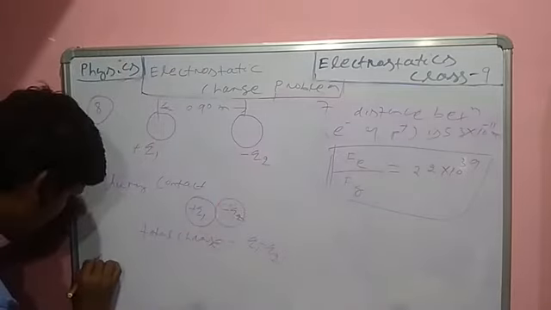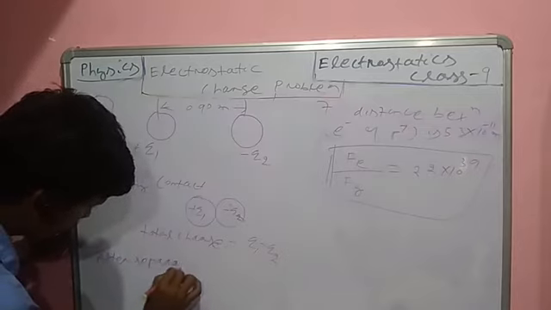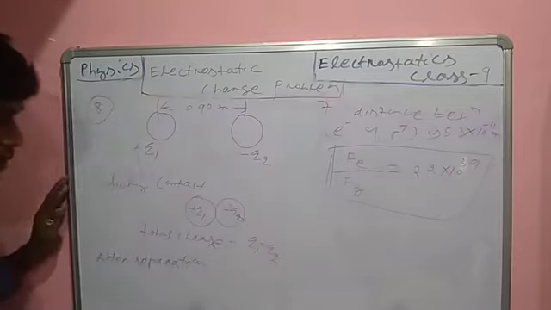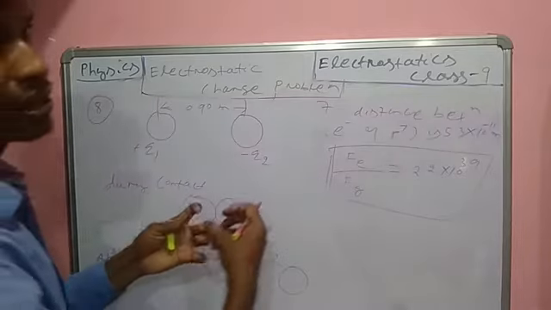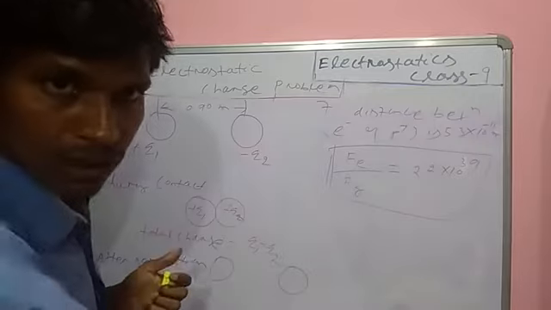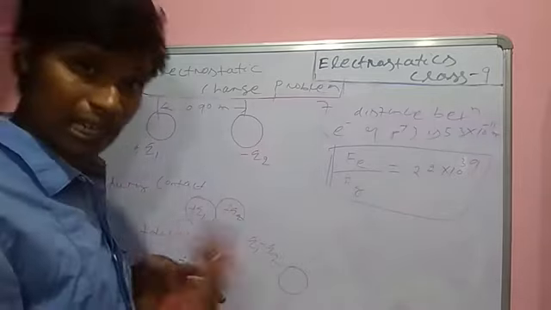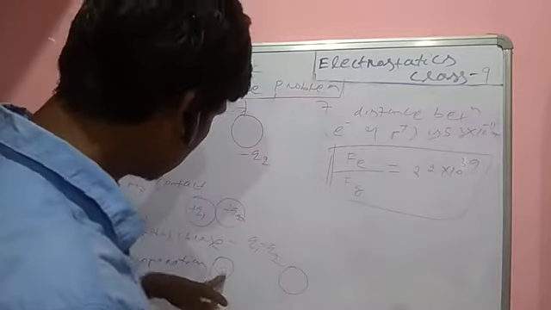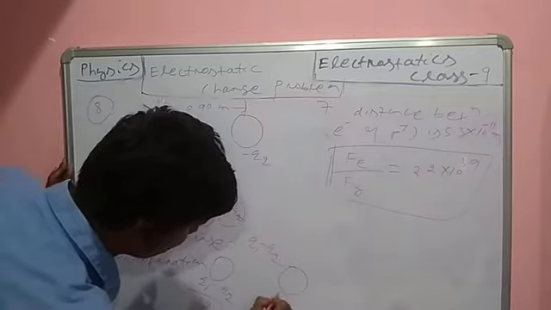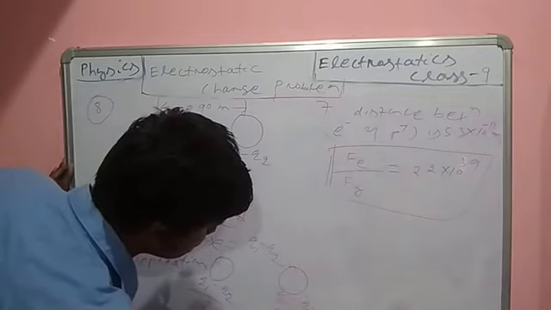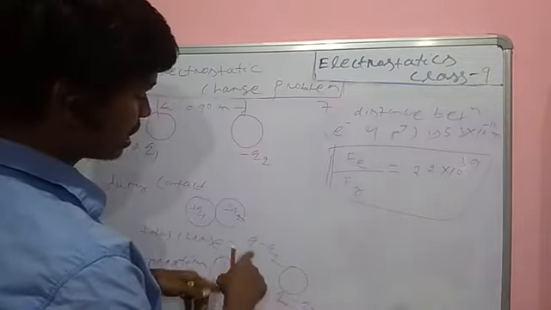After separation, the charge is divided into two equal parts: one is Q1 minus Q2 by 2, another is Q1 minus Q2 by 2, because the sum of the two charges is Q1 minus Q2.